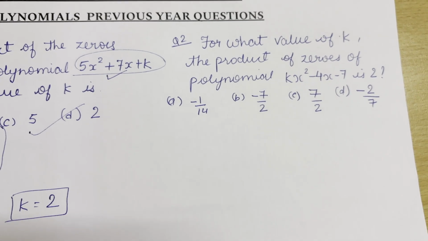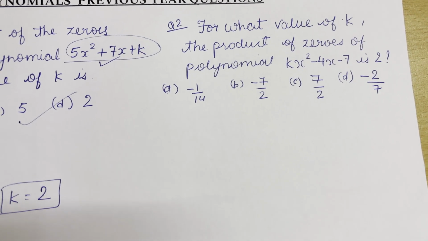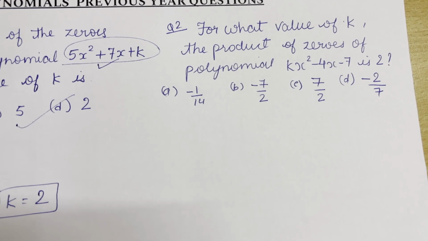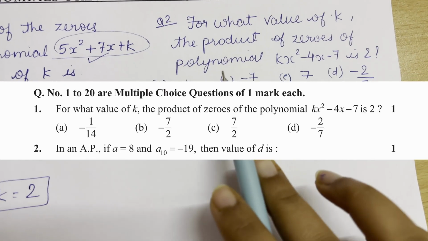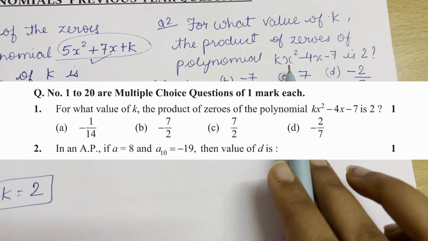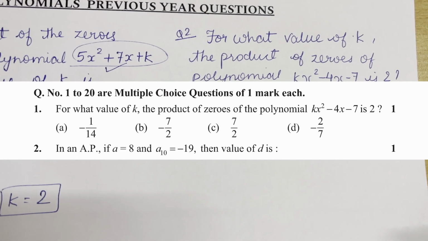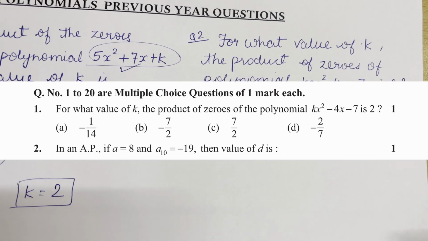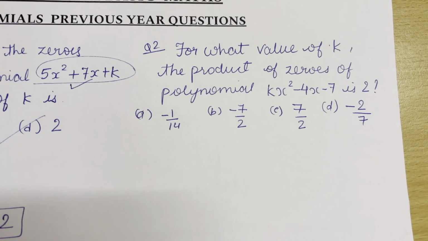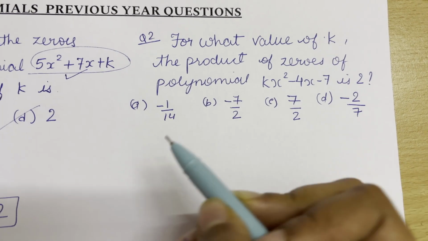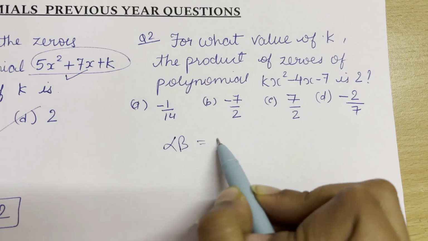Now, the second question. It's a very similar kind of question, so let's solve this one as well. For what value of k is the product of the zeros of the polynomial kx square minus 4x minus 7 equal to 2? Here alpha beta should be equal to 2.